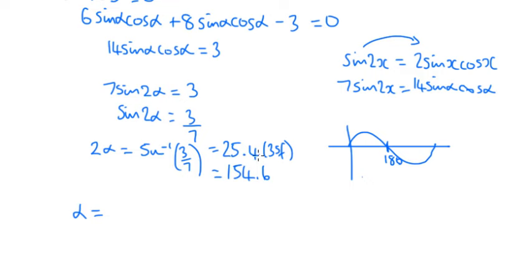When you divide the full number here by 2, you get 12.69, so 12.7, and when you divide the 154 by 2, you get 77.3. So those are the two values you're looking for, correct to 3 significant figures.